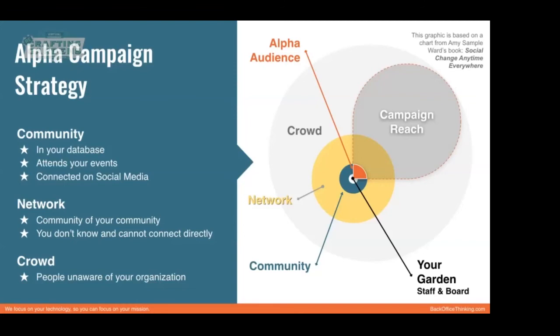This is a really important slide. It's got a little more graphics on it than most of what we have, and I want to explain it to you. We've coined this the alpha campaign strategy. At the very middle of these concentric circles is you. This is your garden. Next out is your community, which involves something called an alpha audience, which I'll talk about in a second.